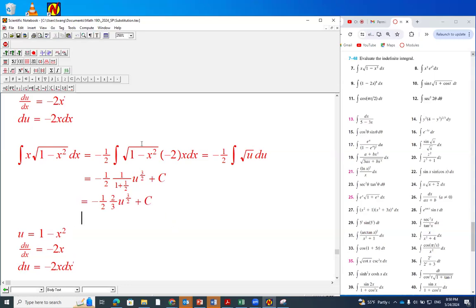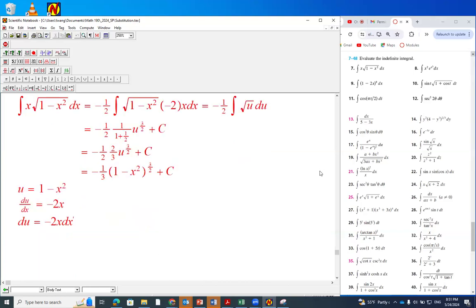We got a negative 1/3. And substitute u by its equal, which is 1 minus x squared, to the power of 3/2, plus that big fat constant. Done. So that seems to be pretty straightforward.